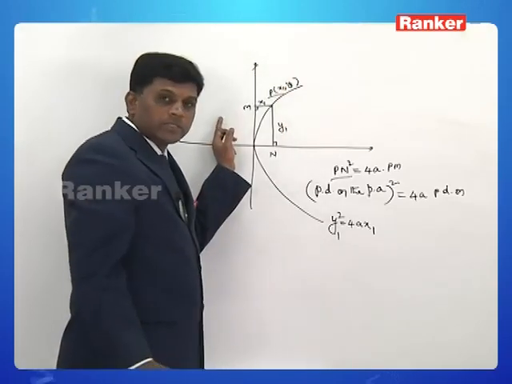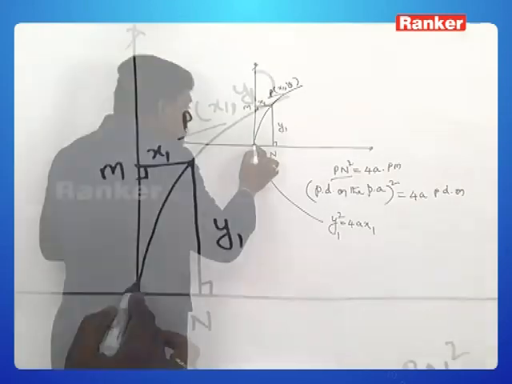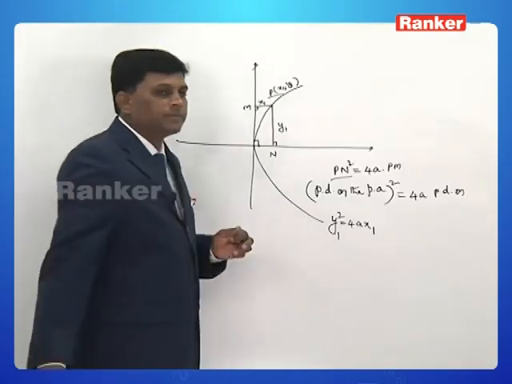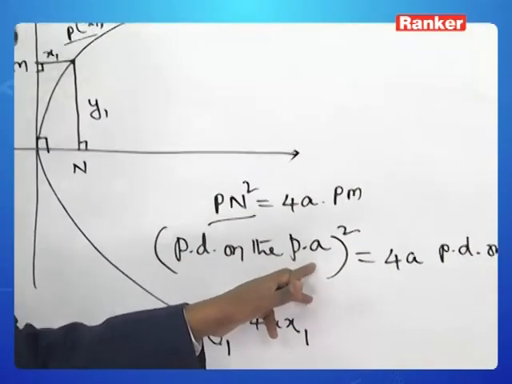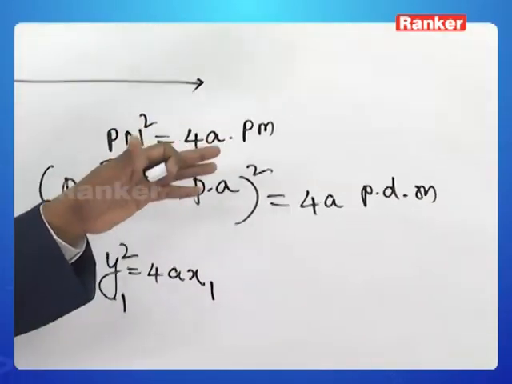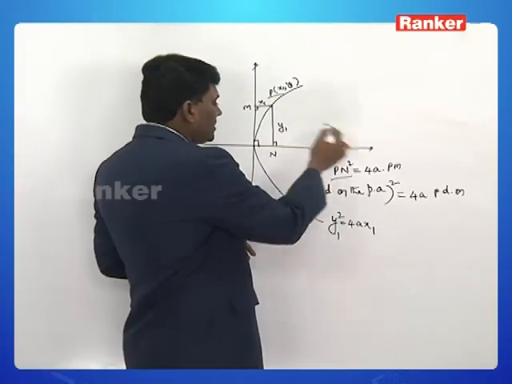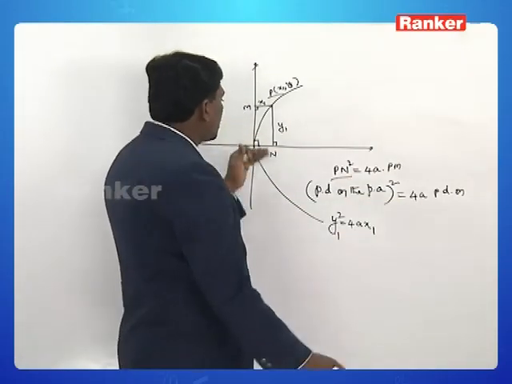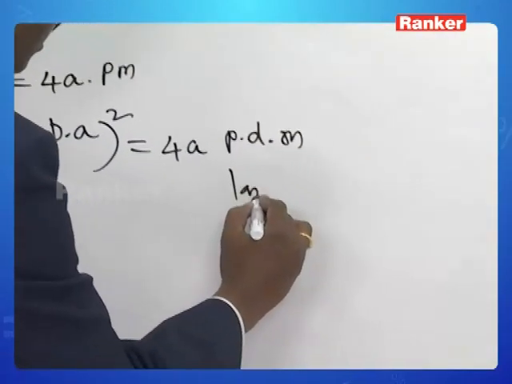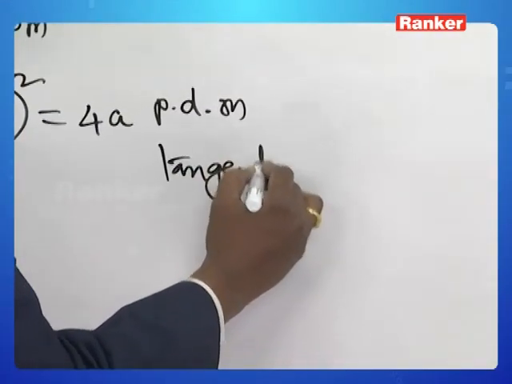But here the y-axis is nothing but the tangent at the vertex to the curve. That's why we can write it as the perpendicular distance on the principal axis whole square equals 4a, the length of the latus rectum, into the perpendicular distance on the tangent at vertex.